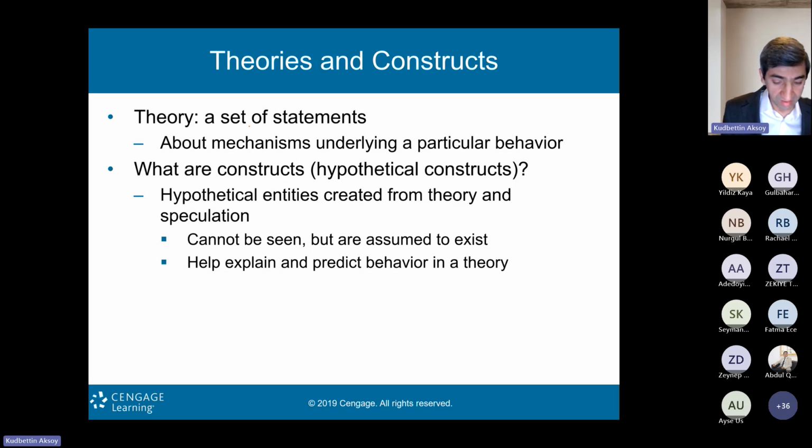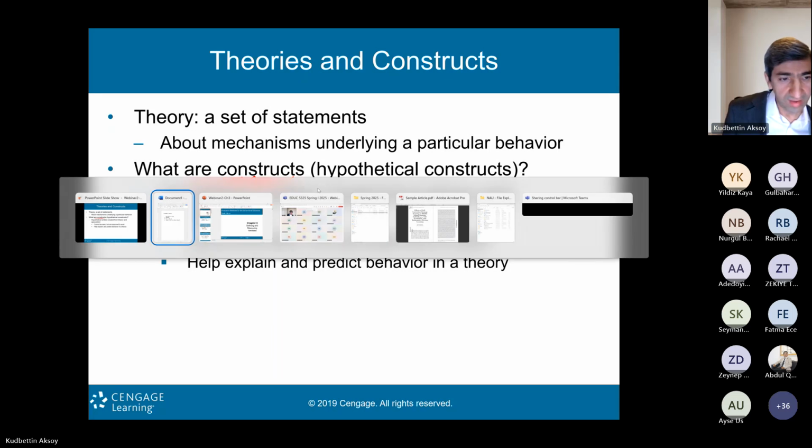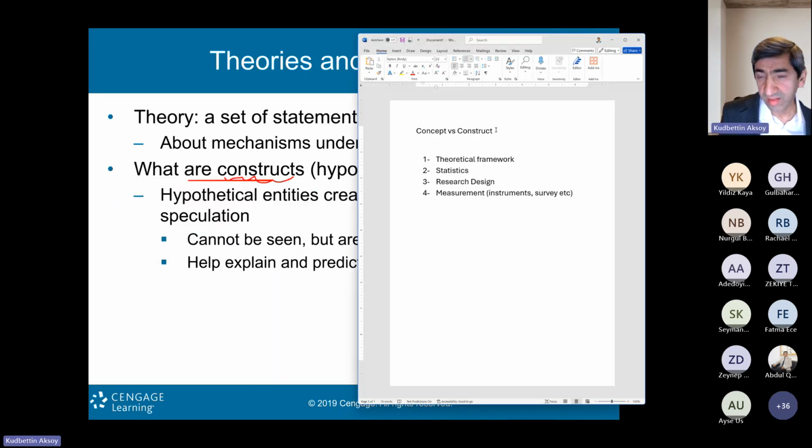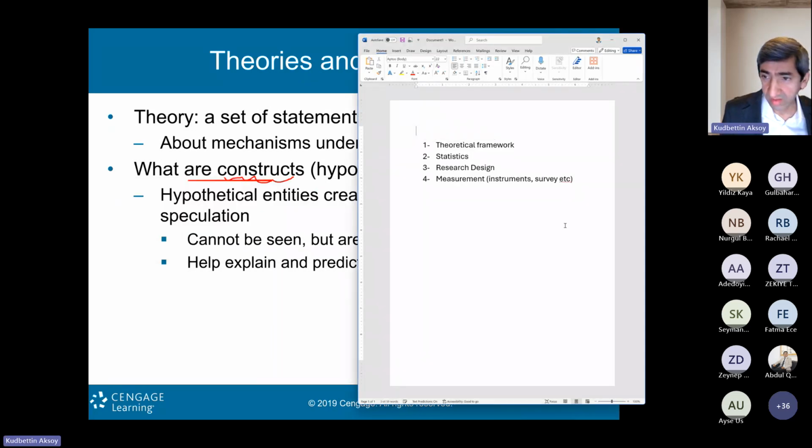And once you have these interconnected relations defined, you have yourself a theory. So in a theory, we use constructs. Okay? A construct and a concept, two things.